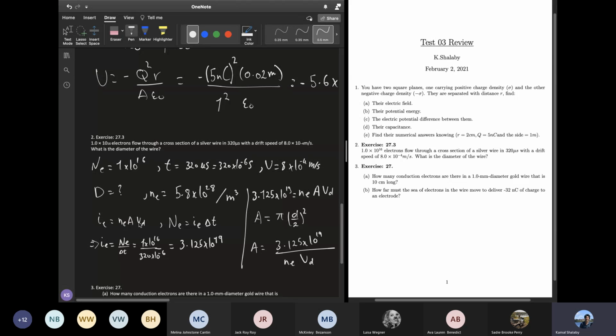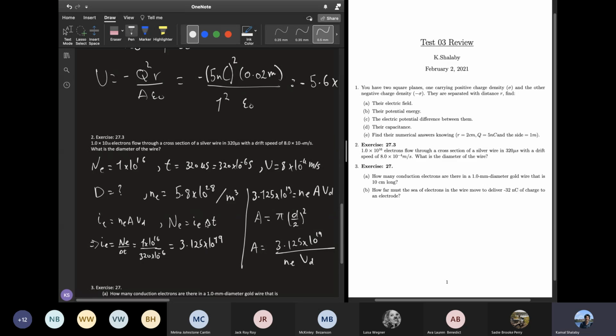And also, we found that the electron flow is equal to the current multiplied by time, because this number tells you how many electrons are flowing per second. So you can find the total number of electrons flowing through the cross-section.